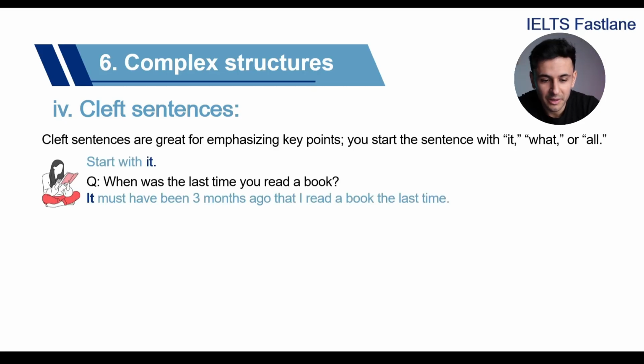So in part one, you might get a question like, when was the last time you read a book? Now, instead of answering the question straight away, I read a book last week, you can start with a cleft sentence and say, it must have been 3 months ago that I read a book the last time.